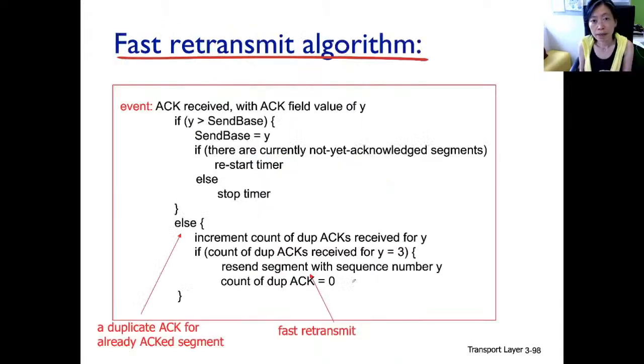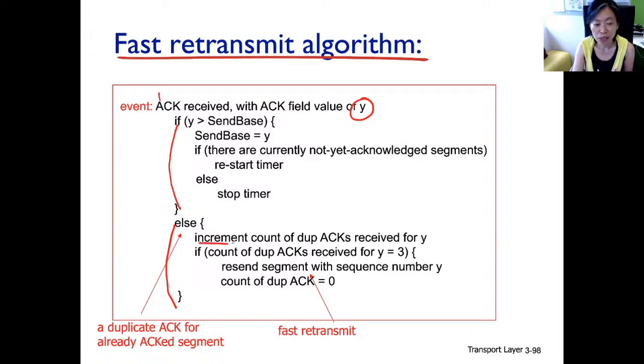And so the TCP sender's pseudocode needs to be modified. The only part that needs to be modified is this event, when we receive an ACK packet from below. First of all, we extract the sequence number in the ACK packet. This is the case when the ACK packet is new, and this is the other case when the ACK packet is not new.